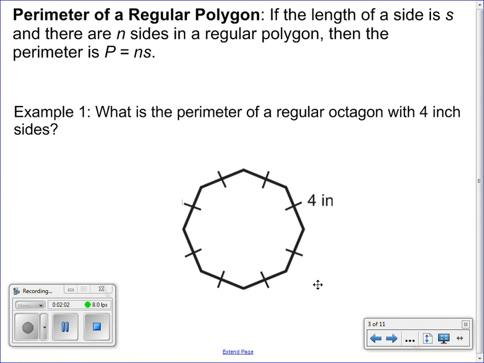If each side is 4, following P equals n times s, the perimeter is equal to the number of sides, 8, times each side length, 4. 8 times 4 is 32 inches. Make sure we label our unit of measure.